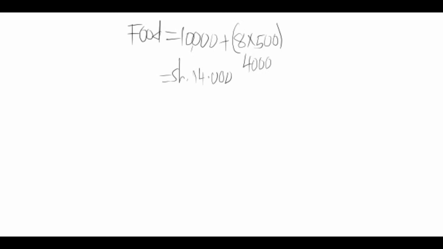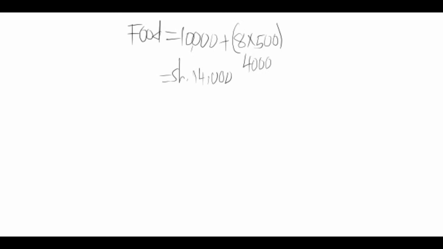One small square is 500 shillings, so this will give us 8 times 500 is equal to 4,000. So 10,000 shillings plus 4,000 shillings will give us 14,000 Kenya shillings.